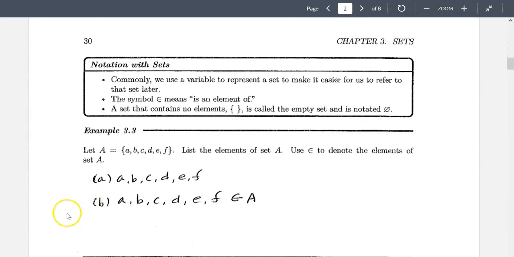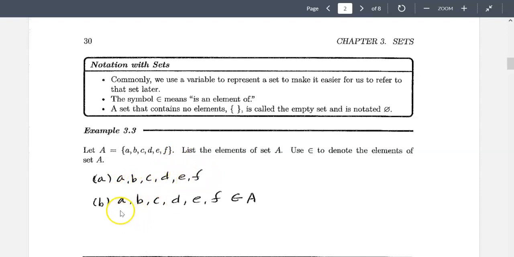Notation with sets. There are many notations we need to know. The first notation we're going to learn is this E-looking symbol. That symbol means "is an element of" or "is a member of." For example, if A equals {a, b, c, d, e, f}, then a, b, c, d, e, f are the elements.